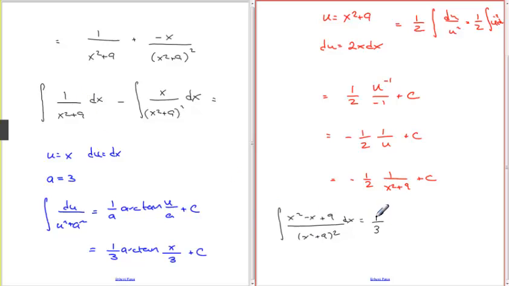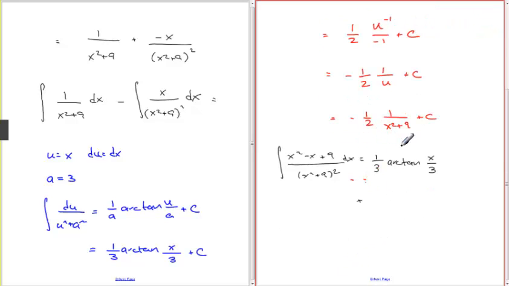So we get 1/3 the arc tangent of x over 3 plus the second integral, which we have a negative sign there. So it's going to be -1/2 1 over x squared plus 9.